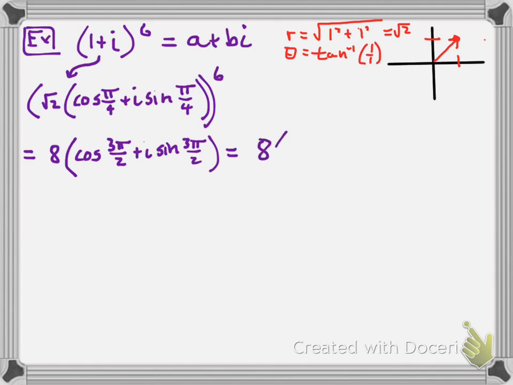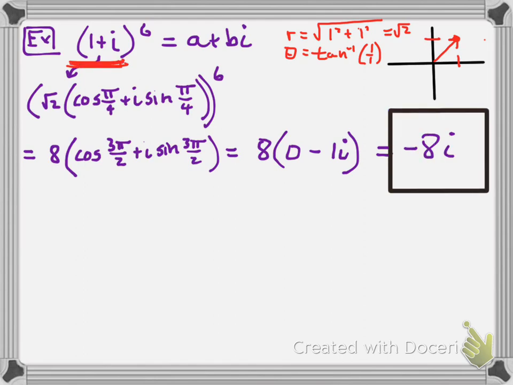So this is 8 times 0 minus 1i, which is negative 8i. Okay, so our original problem up here that we started with, 1 plus i raised to the 6th power, reduces all the way down to negative 8i when you expand it and get all your powers of i simplified.